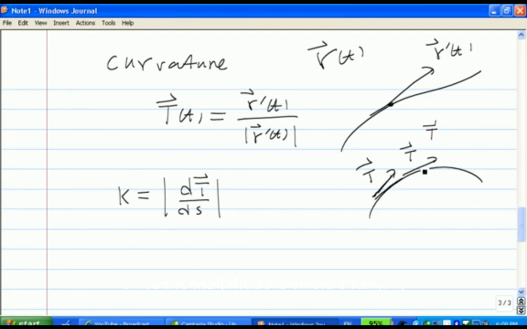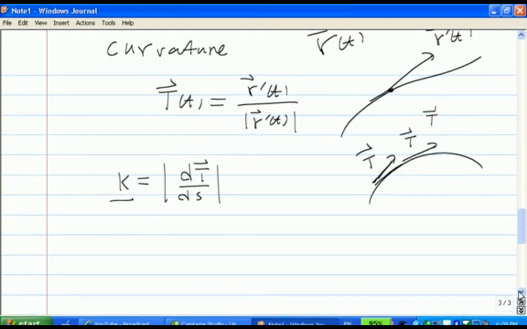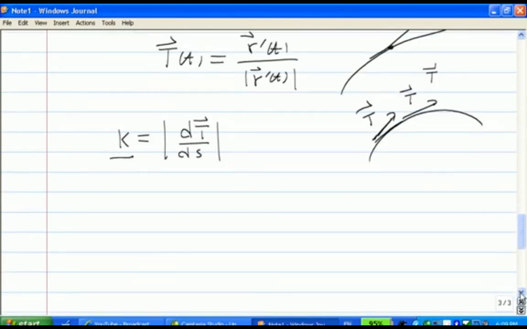Since the magnitude is 1, when T changes, it only changes direction. So this kappa describes how fast your direction changes when arc length is increasing, so it measures the curvature of your curve. This definition makes sense.